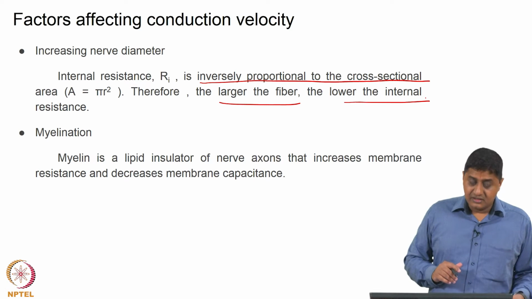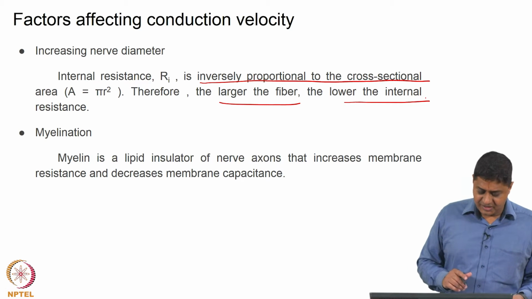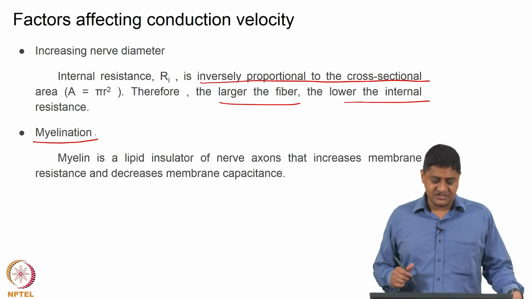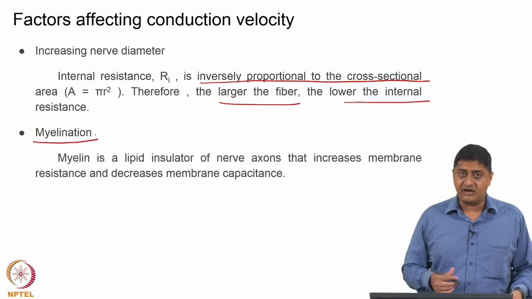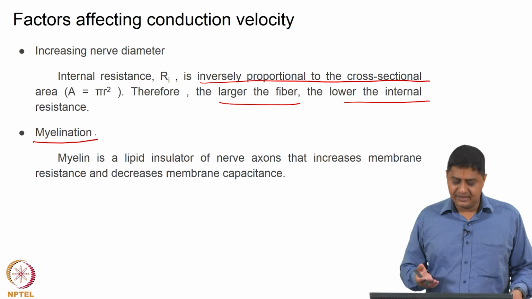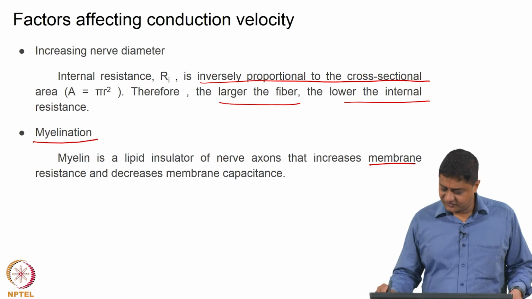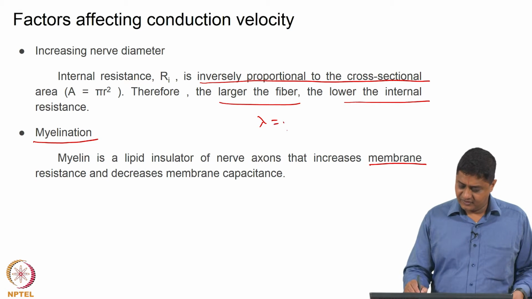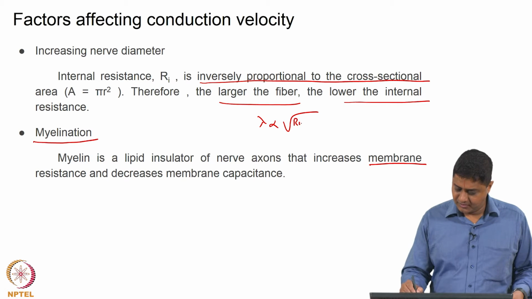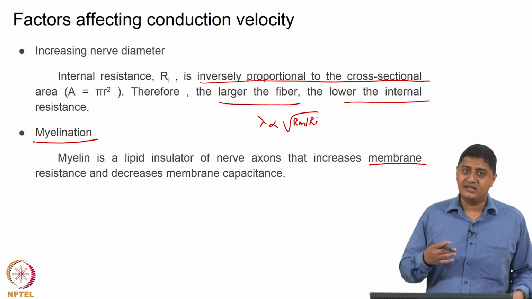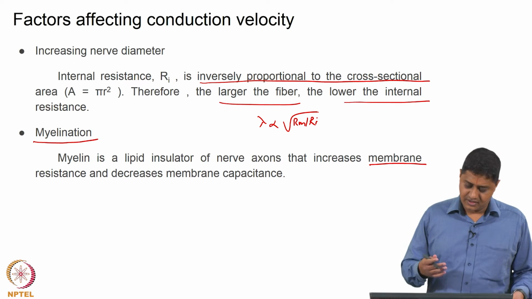The other way is to use an efficient method, which is myelination. Myelination is basically an insulator of the neuronal axons that increases the membrane resistance. So, that means what? Lambda is proportional to Rm by Ri.